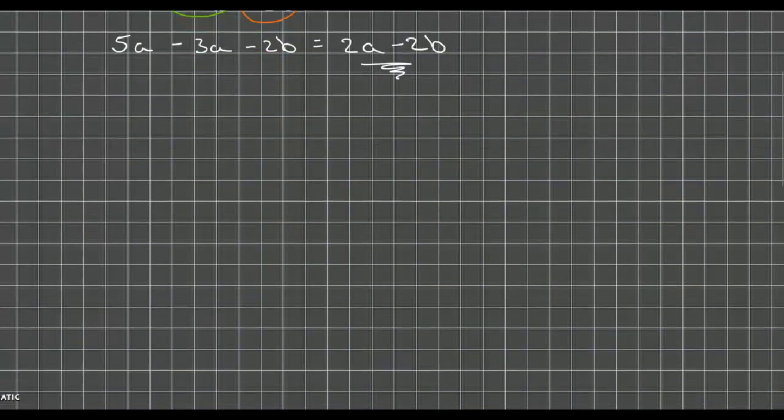Now, before I throw all three of these things together, I need to remember two rules. The first one is the order of operations. And that says that I first have to do multiplication or divide.